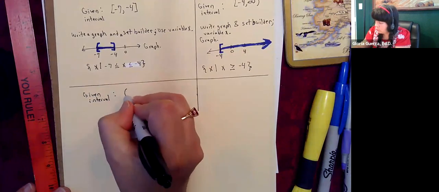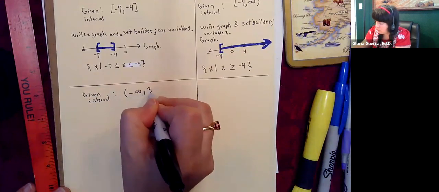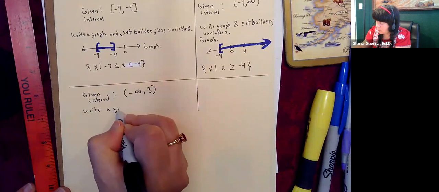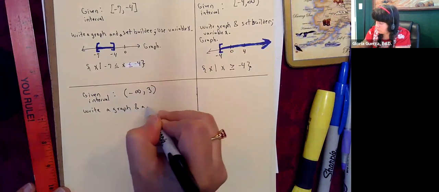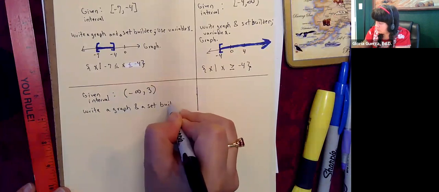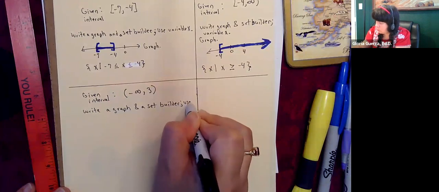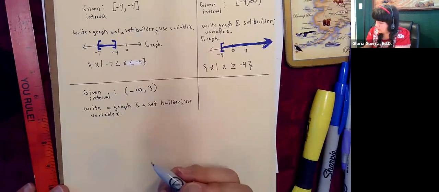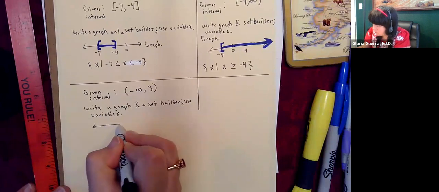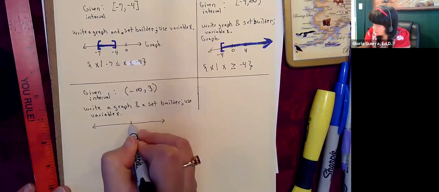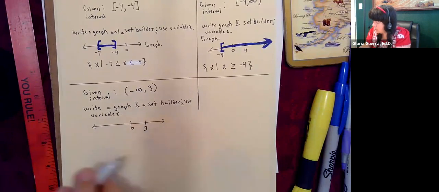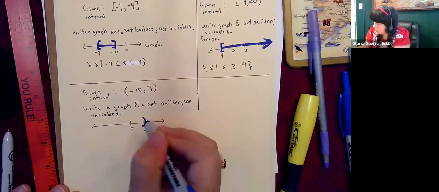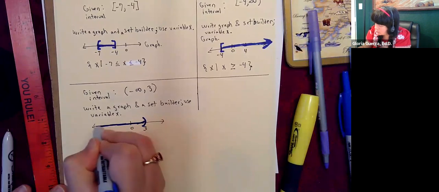Okay, given interval, parenthesis, -infinity to 3. We're going to write a graph and a set builder. And we're going to use variable x. I have 0, 3. Okay, I'm going to use parentheses on the 3, and I'm going to curve it in the direction I'm shading. I'm shading to the left.